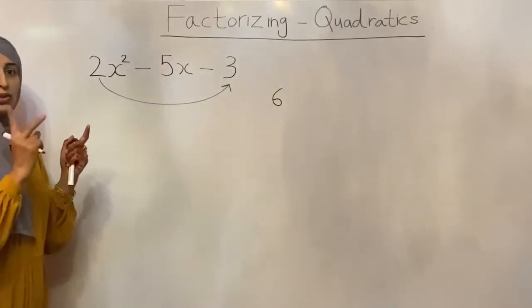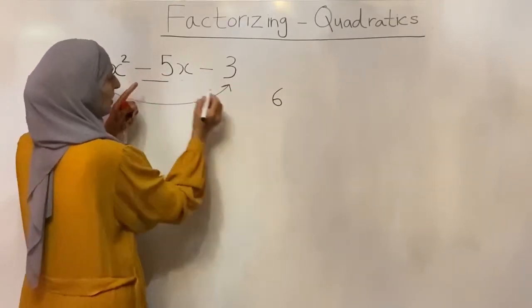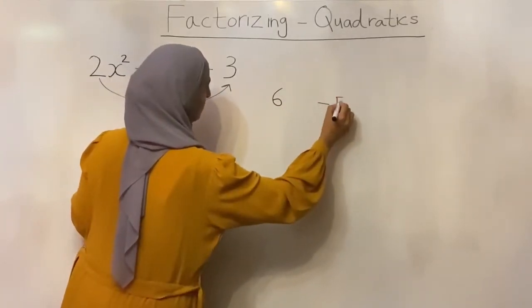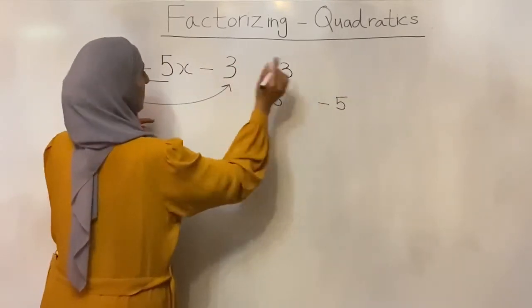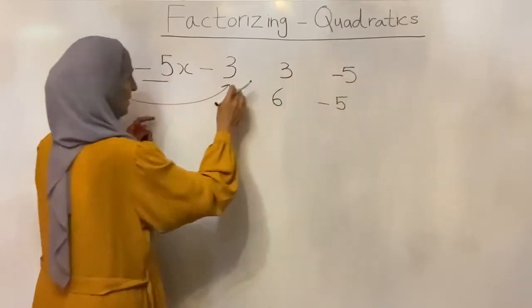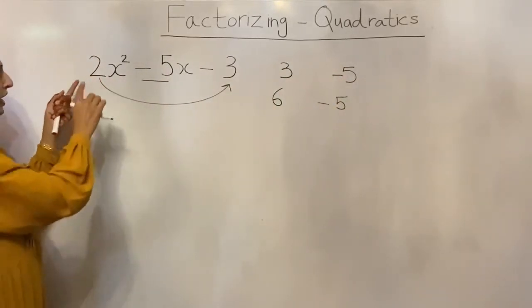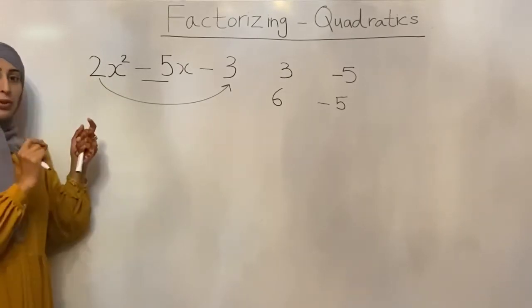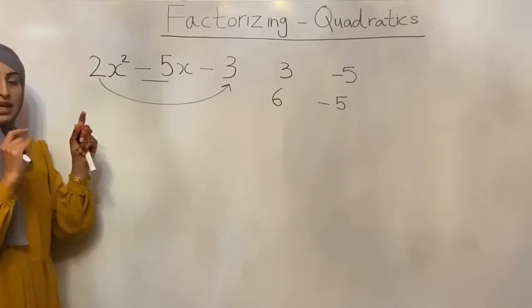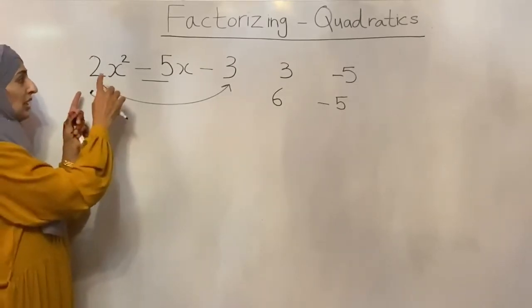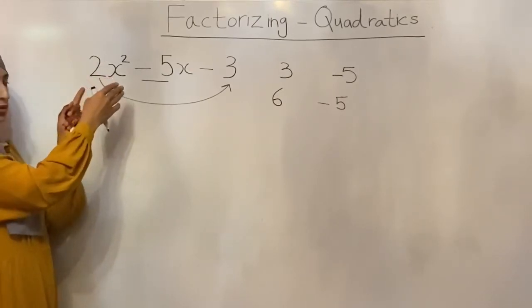Now we've got two factor pairs for 6 and the middle term minus 5. Before, it was only 3 and minus 5. But in this equation, when we've got a constant in front of the first term, then we have to multiply. This is a very important point: you have to check your quadratic equation before starting your question, whether there is any constant at the start of the equation or not.